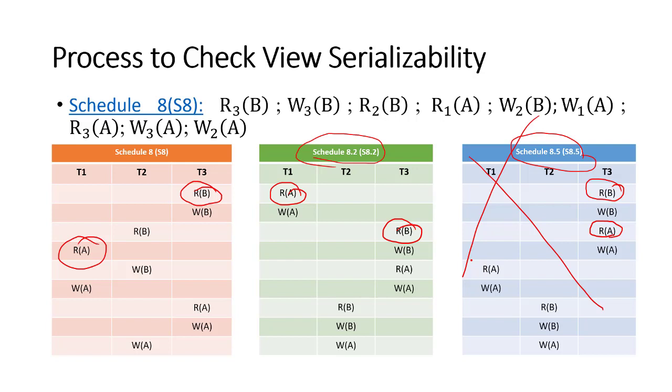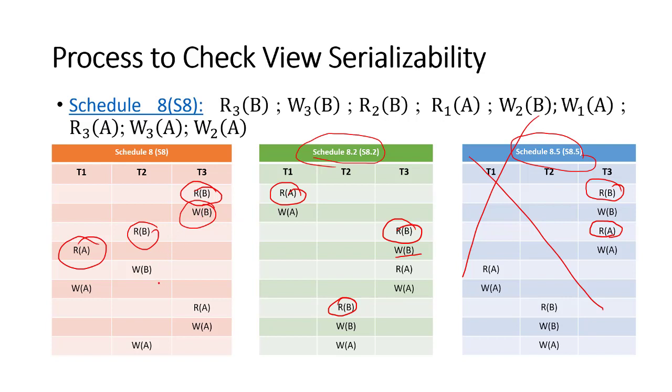Here you can see that the value of B is written by transaction 3 and that same value is read by transaction 2. Let us check with 8.2. Are we satisfying that one or not? Yes, transaction 3 is writing the value of B, which is read by transaction 2. So this write-read combination has been satisfied.